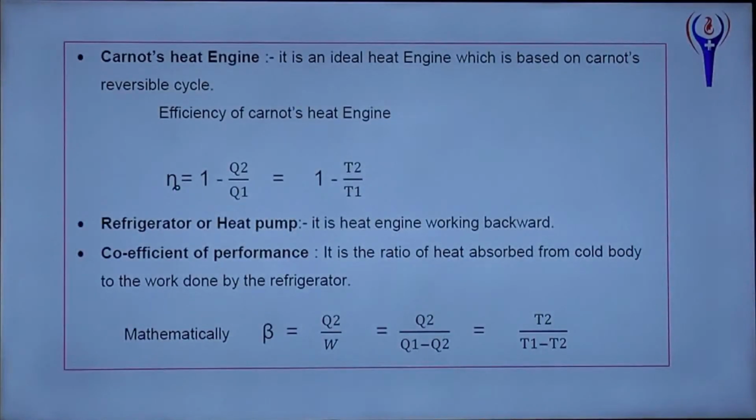Carnot heat engine. Carnot's heat engine is an ideal heat engine based on Carnot's reversible cycle. The efficiency of the Carnot heat engine is 1 minus Q2 by Q1, equal to 1 minus T2 by T1.